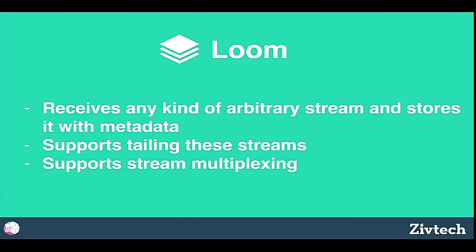So what that means is that we can take your standard out and your standard error from whatever commands you're running, and we can pipe them to this thing called Loom. And Loom will take that and store it in a configurable backend. The one that we ship right now is rethinkdb. So it can pipe that output into rethinkdb, and we're working on simpler file store backends and some other things.